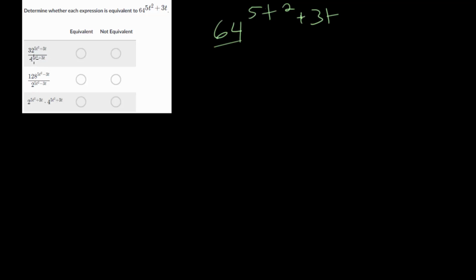So in this problem, it may actually be easier to start with the answers. And let's just start with the first one. We have 32, and actually let me use a different color so we can differentiate what we're doing here. This is our answer. So we have 32 raised to the 5t squared plus 3t, all divided by 4 to the 5t squared plus 3t.